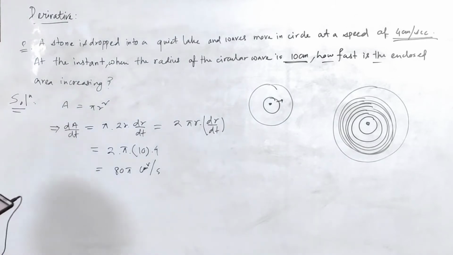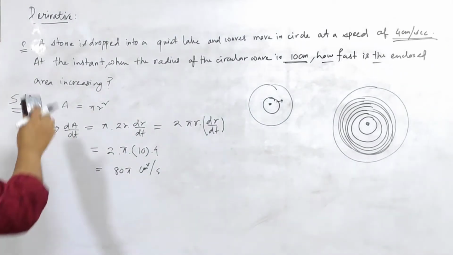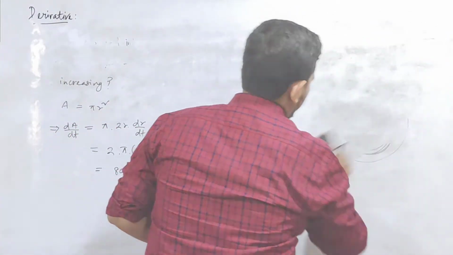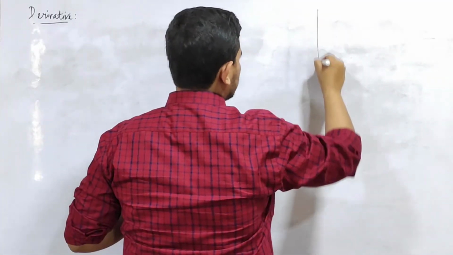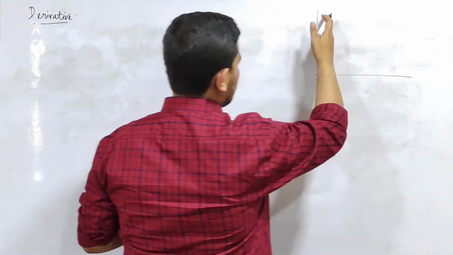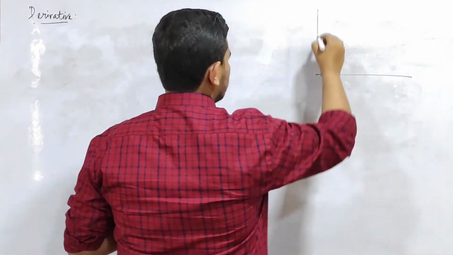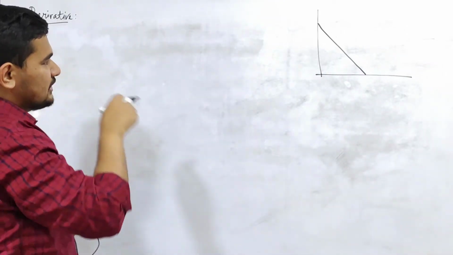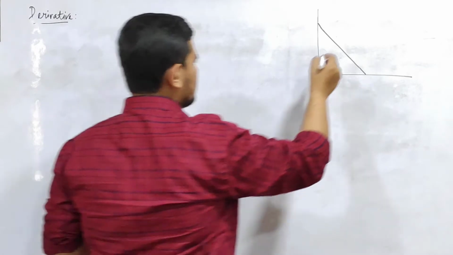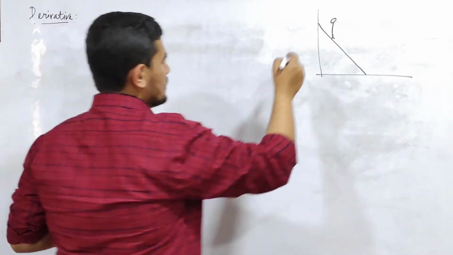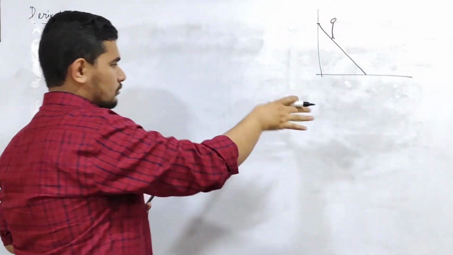Now I am going to see another problem, of a ladder. Ladder problems are very important in exams, and also to understand the concept. Suppose this is a wall in your house, this is a corner of the house, this is the wall, and this is the ground. This is a ladder which I am representing with a straight line. Suppose a man is on this ladder, so due to the weight of this man, this ladder will come down.